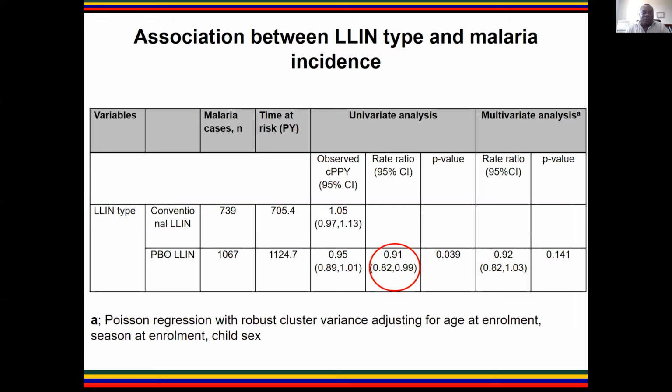Looking at the association between bed net type and the risk of malaria disease, this is only capturing passive case detection data. There was a slight reduction of about 9% in the risk of clinical malaria in participants who were from an area where PBO bed nets were distributed.